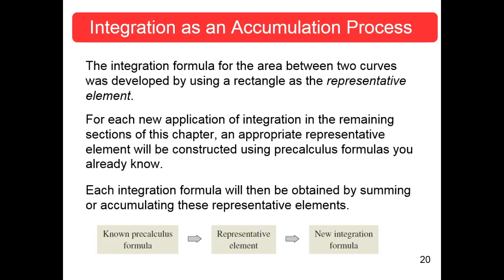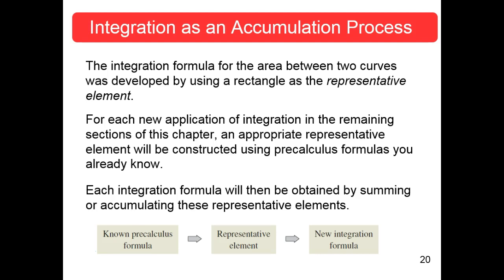Integration formula for the area between two curves was developed using a rectangle as a representative element. For each new application of integration in the remaining sections of this chapter, an appropriate representative element will be constructed using pre-calculus formula you already know. Each integration formula will then be obtained by summing or accumulating these representative elements. Okay, what's different?